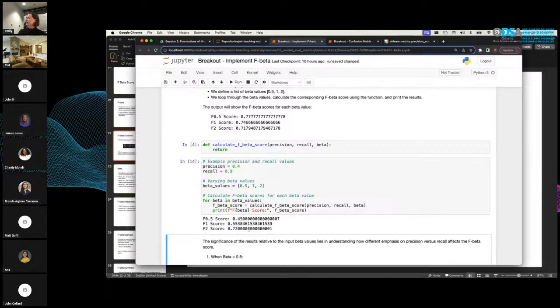But now our F0.5 score and our F2 score swapped exactly, such that our F0.5 score is now 0.45 because we have a poor performance on precision and we're being penalized for that. Our F2 score is now a higher value at 0.72 because there's not as much emphasis on precision.